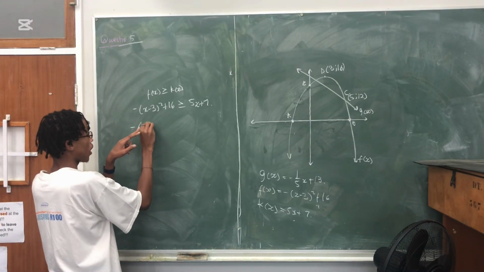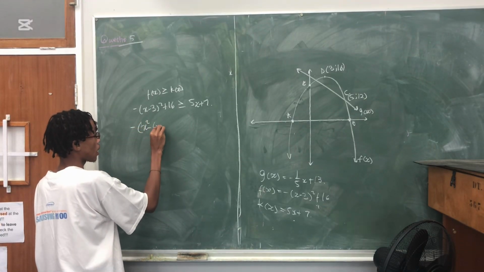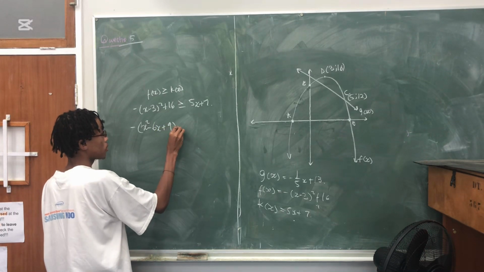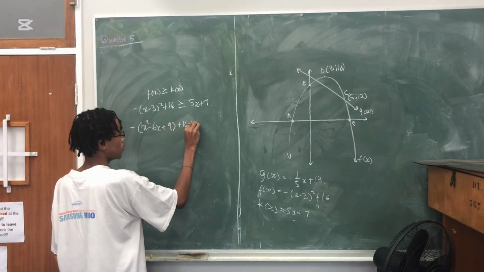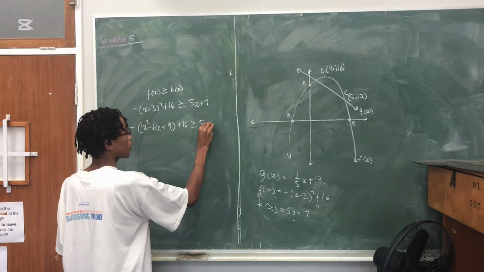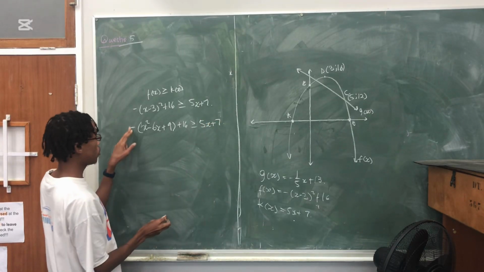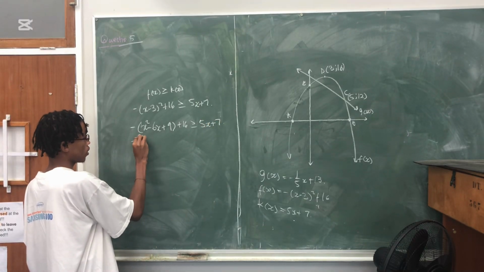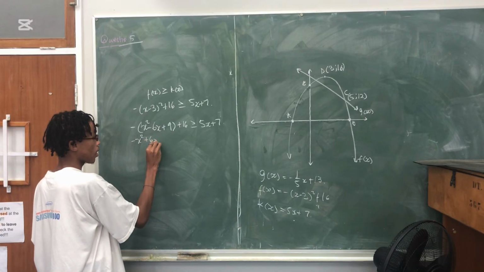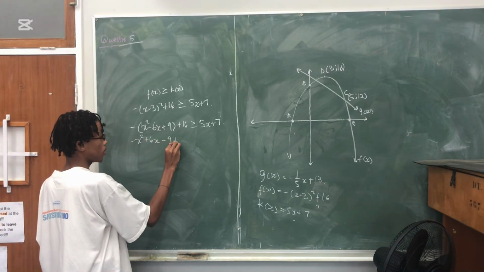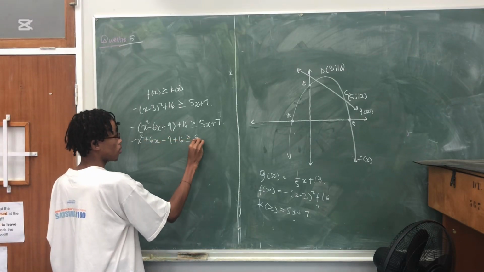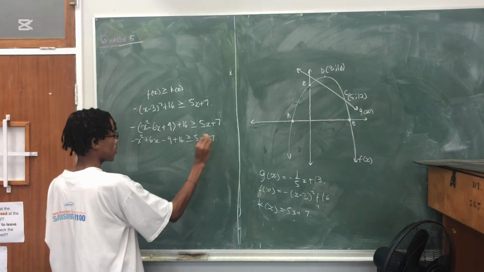This is going to be negative x squared plus 6x minus 9 plus 16, greater than or equal to 5x plus 7.